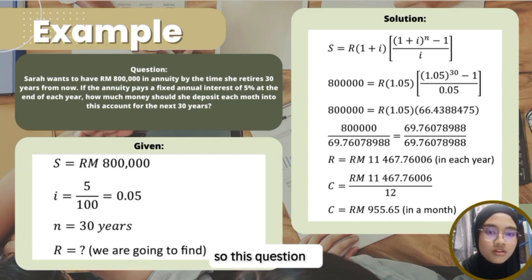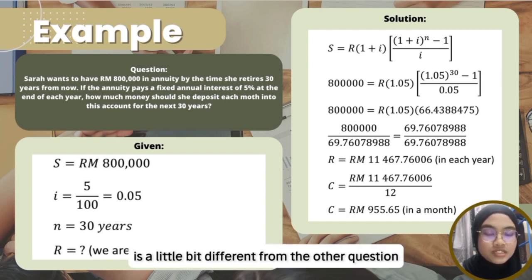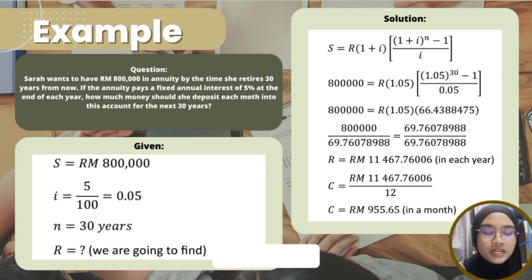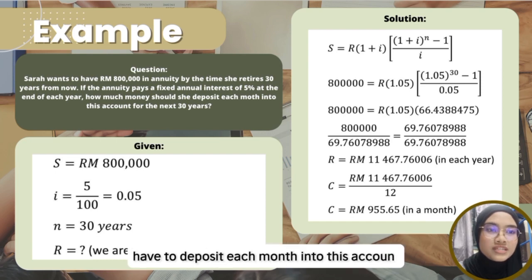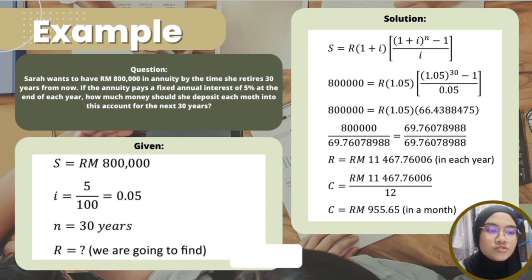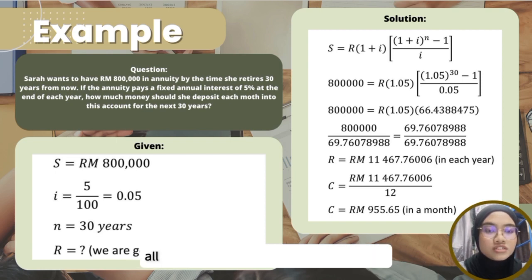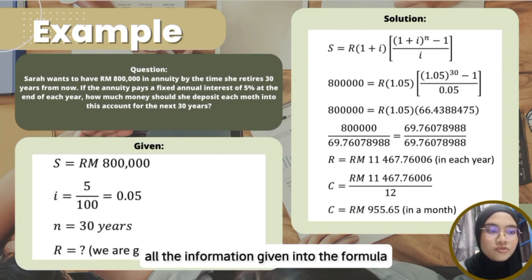This question is a little bit different from the other questions, because the other questions asked us to find the future value, but in this question we have to find the money that she has to deposit each month into this account. As usual, we start by writing the formula, and we substitute all the information given into the formula.